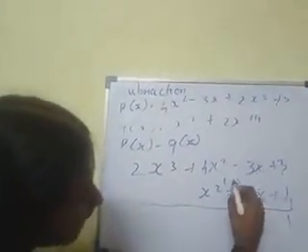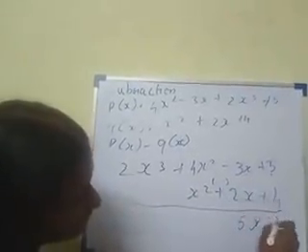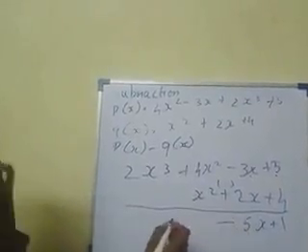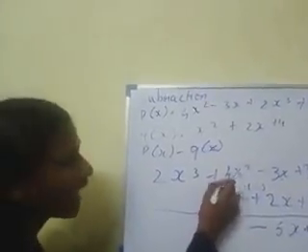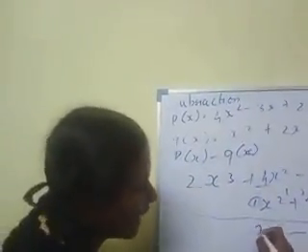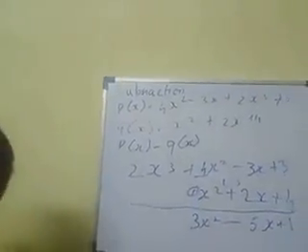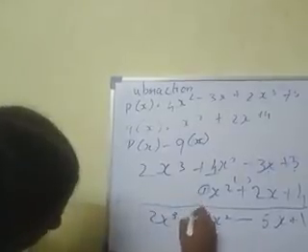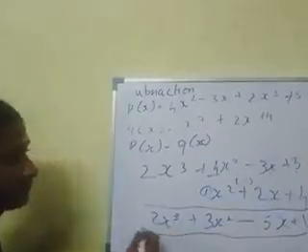Minus means we want to add, and that is 5x. That will get the minus sign, as I told at first, and we want to subtract in that, and we put 3x square. Next there is nothing there, so we put it as it is with the plus sign. So these are the differences.